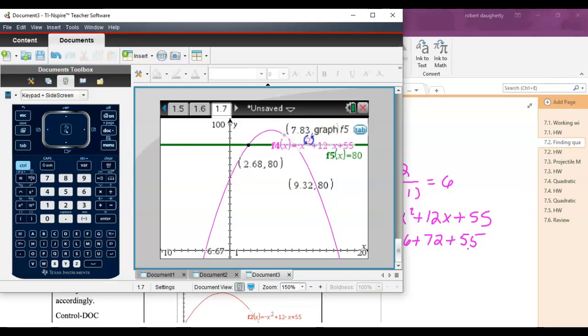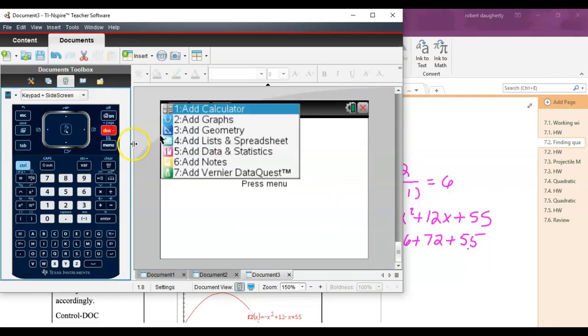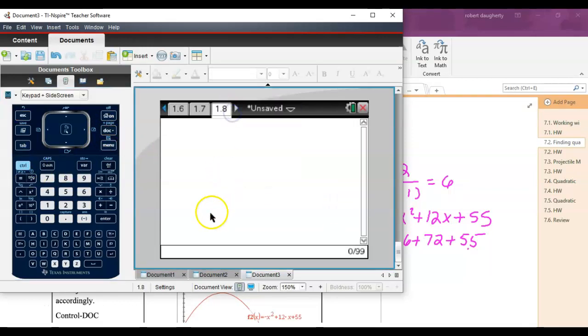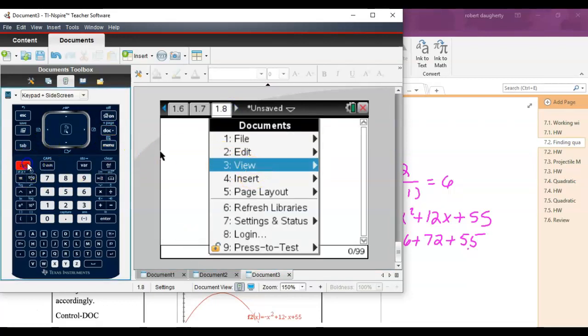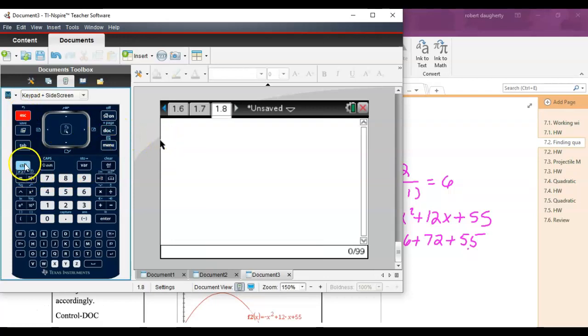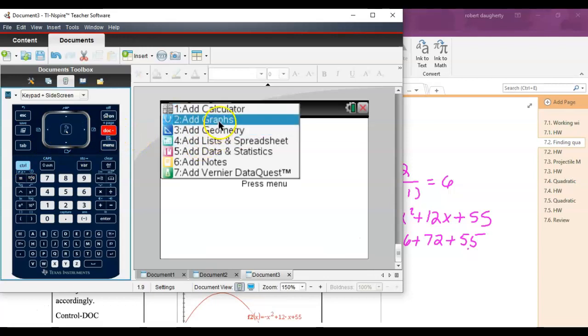Oh, what did I do? Oh, did I do this wrong? Sorry, let me go back and graph it again. So control doc, graph, control doc, add a graph.